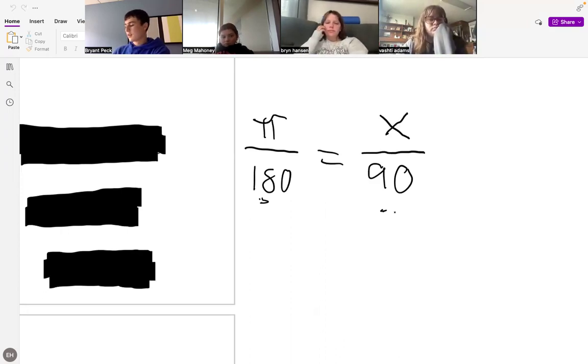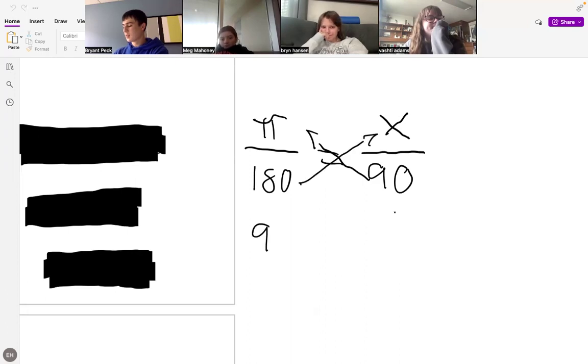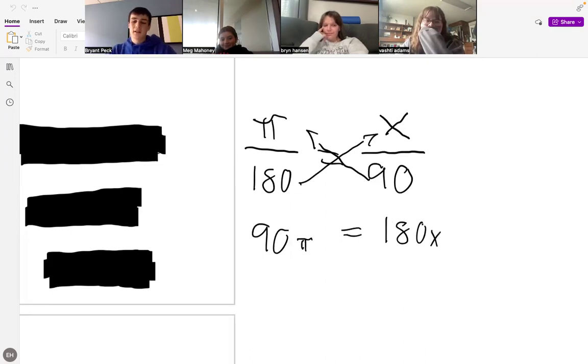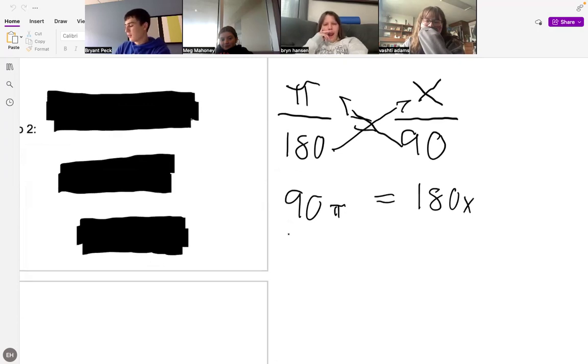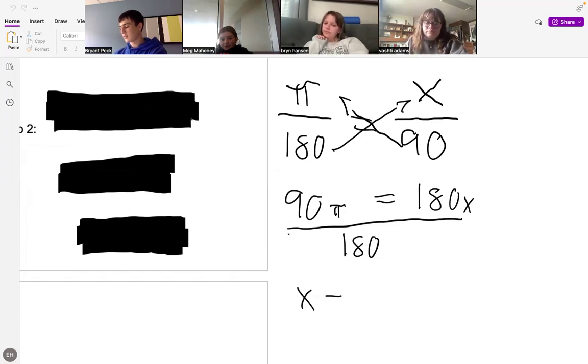Now, based on algebra, we can just cross multiply, and we can say 90 times pi is equal to 180 times x. Now, all we have to do is divide by 180 because we want to isolate our x value. And now we can say x equals 90 pi over 180.